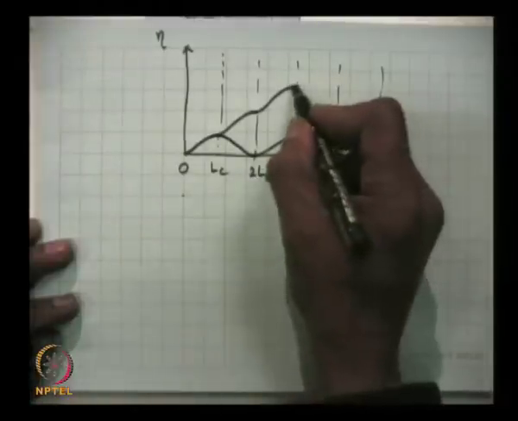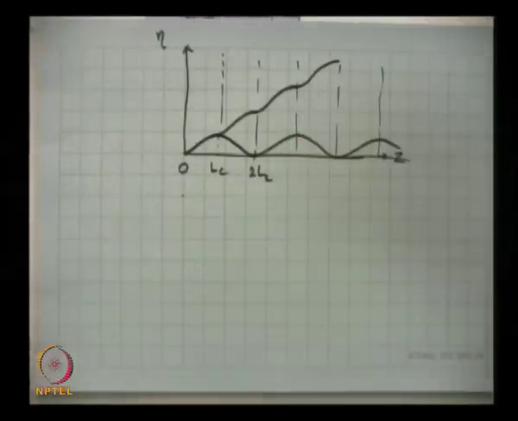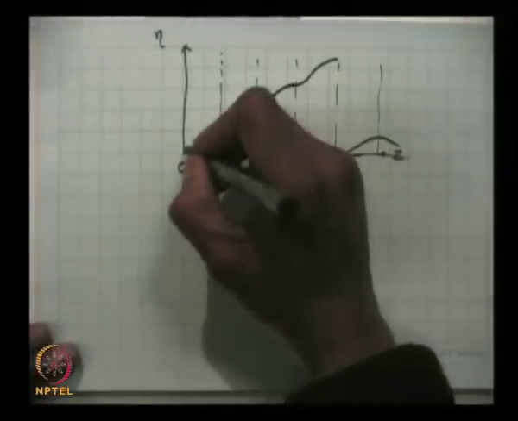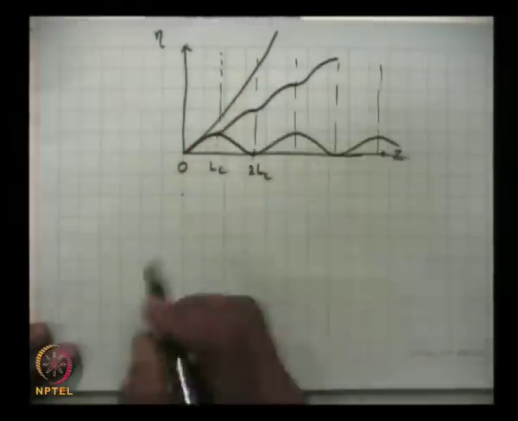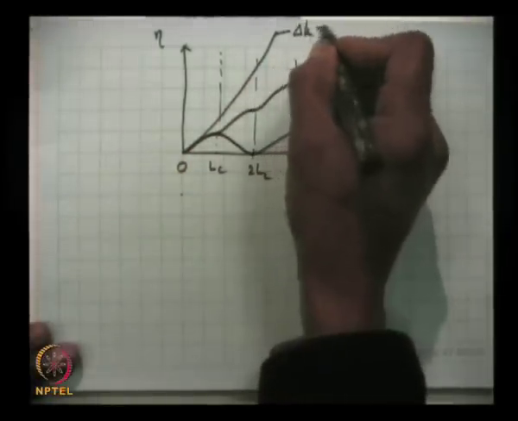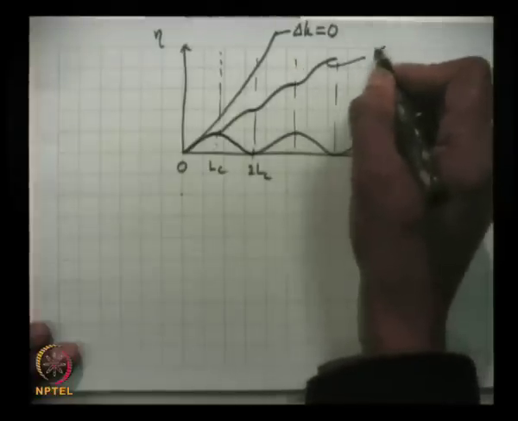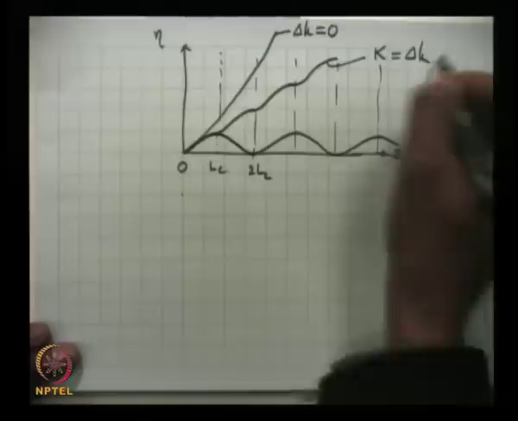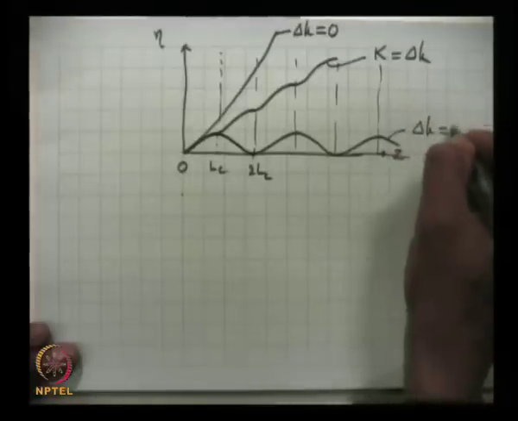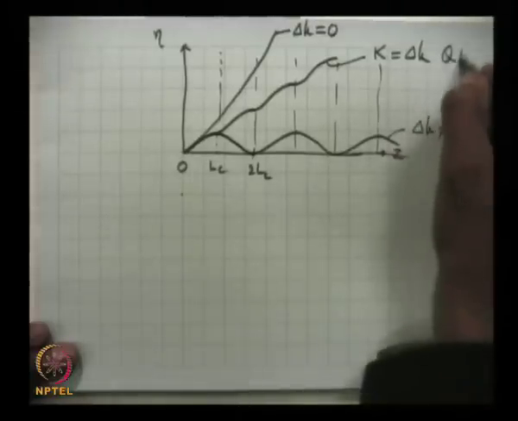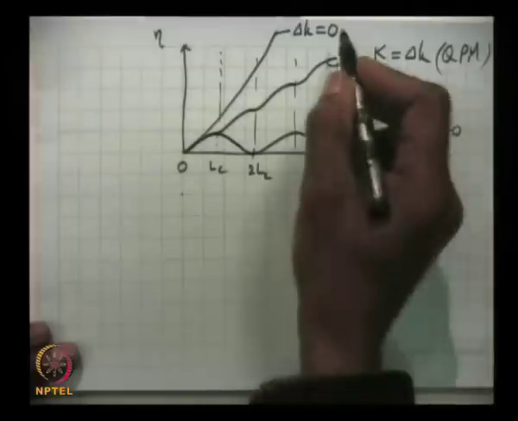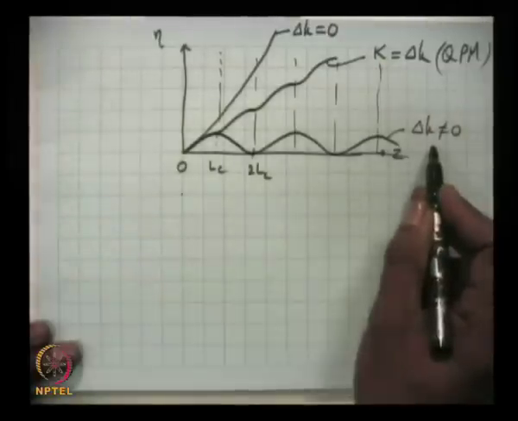So, every time the nonlinear polarization and the electromagnetic field get out of phase, you force them back in phase. If you had perfect phase matching, it would have gone like this. This is delta k equal to 0, this is delta k not equal to 0, this is QPM, this is the perfect phase matching, and this is not phase matched.